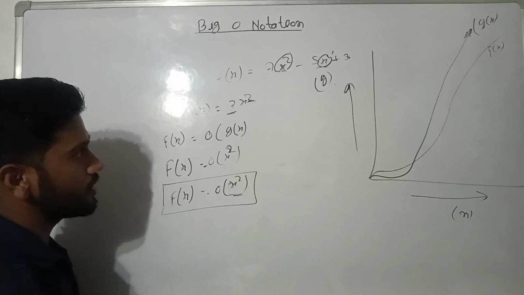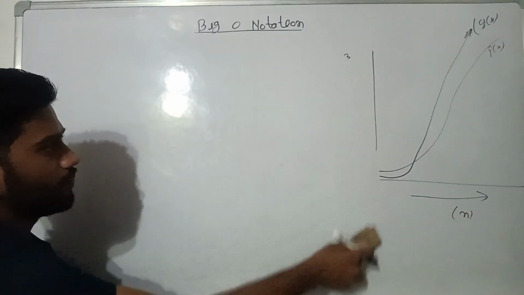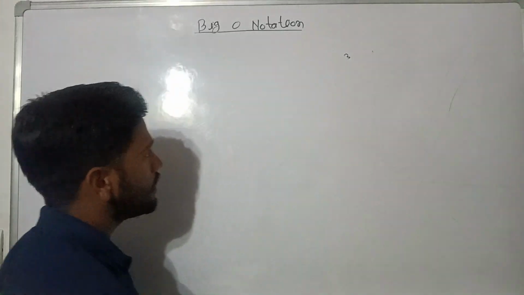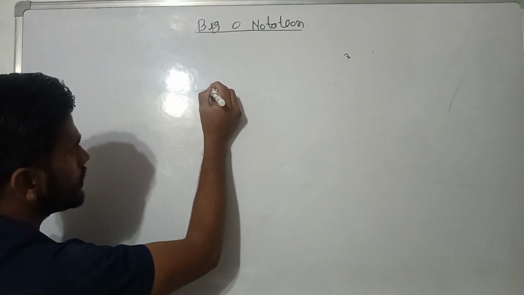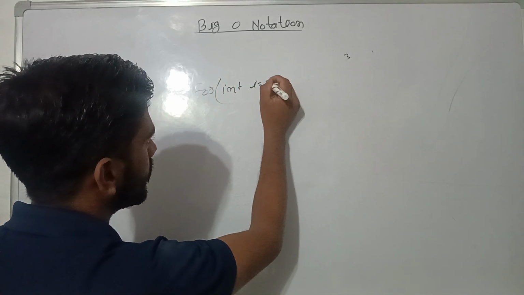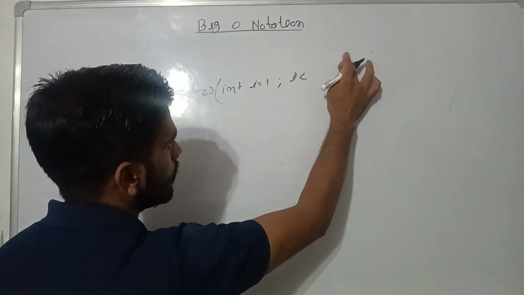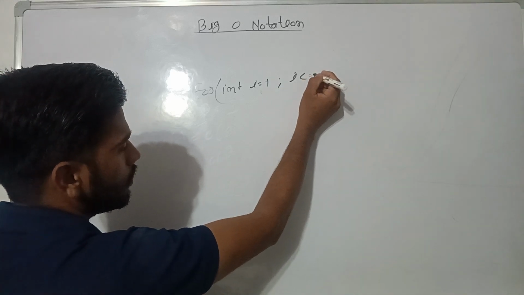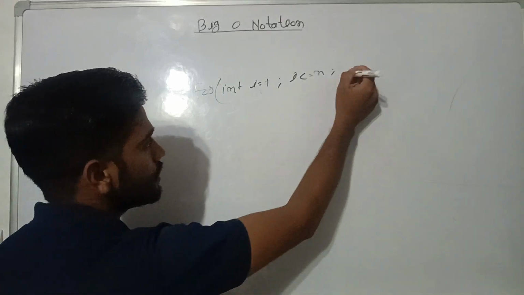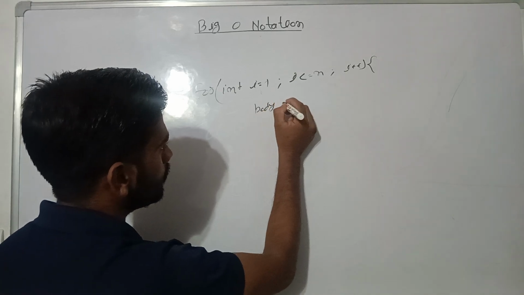This is Big O notation, and we will see it with the help of a for loop. Suppose that our loop starts iterating with 1, the upper bound is suppose n, and it iterates with the body of the loop.